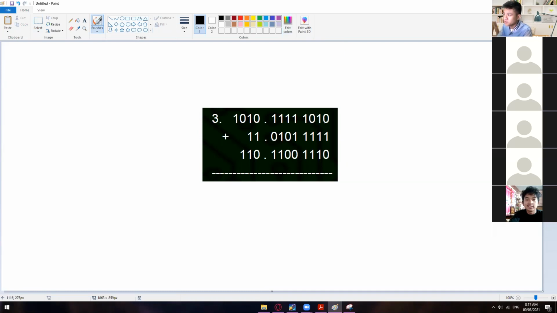Anyway, 0 plus 1 plus 0 is 1. 1 plus 1 plus 1 is 11. 1 plus 1 plus 1 is 11. So carry 1, bring down 1. 1 plus 1 plus 1 plus 1 is 100. So bring down 0 right here. Then how do we put the carry 10? Does anyone know where to put our carry?